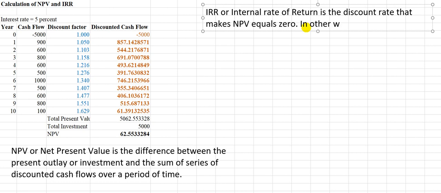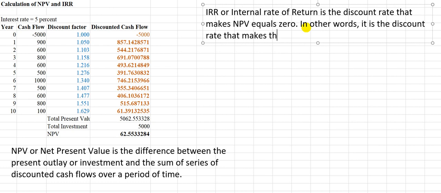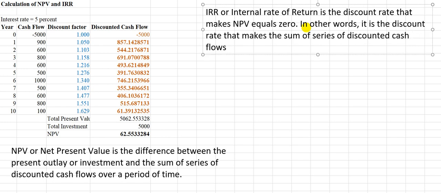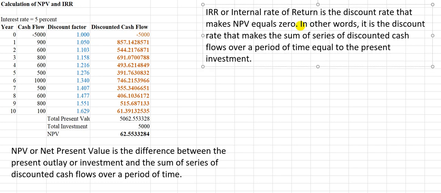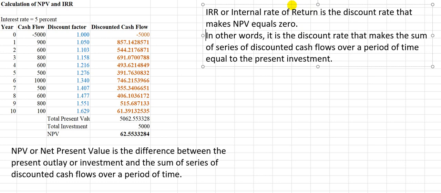In other words, it is the discount rate that makes the sum of series of discounted cash flows over a period of time equal to the present investment. This is the formal definition of IRR.